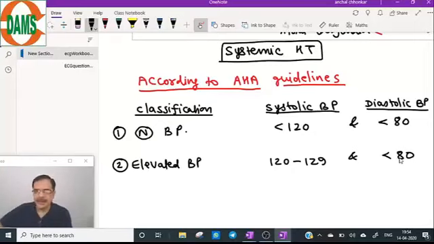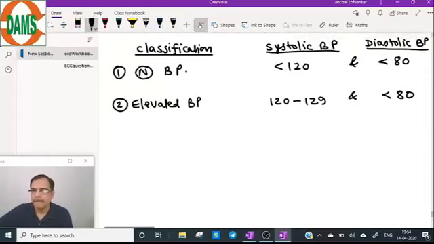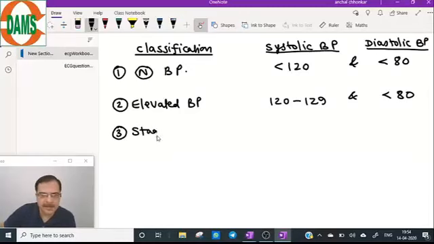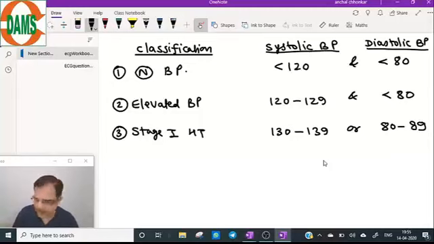Number 3 is stage 1 hypertension. Stage 1 hypertension is systolic BP of 130 to 139 or diastolic BP of 80 to 89.